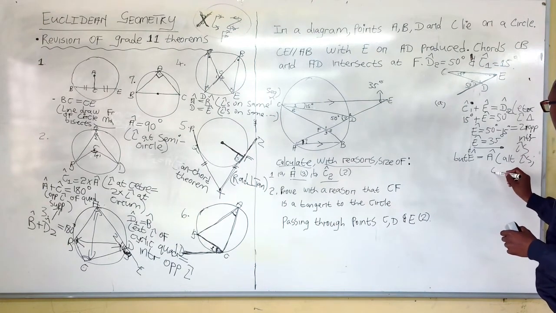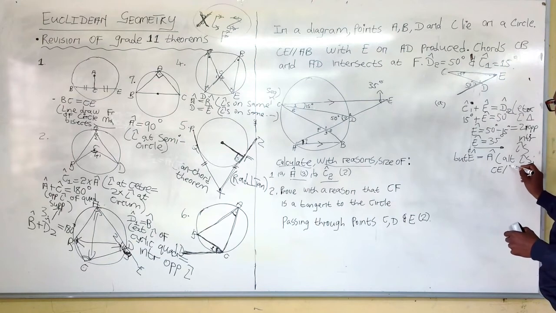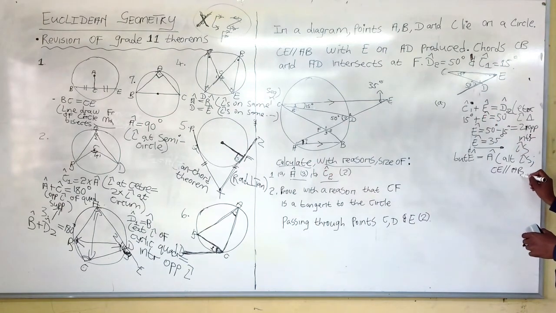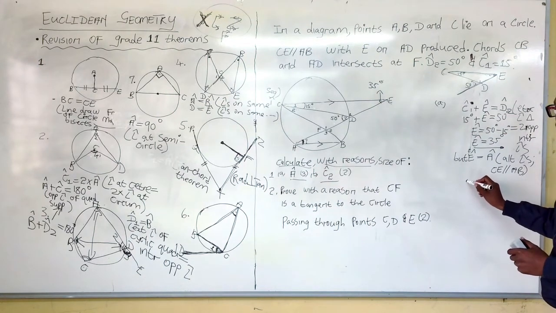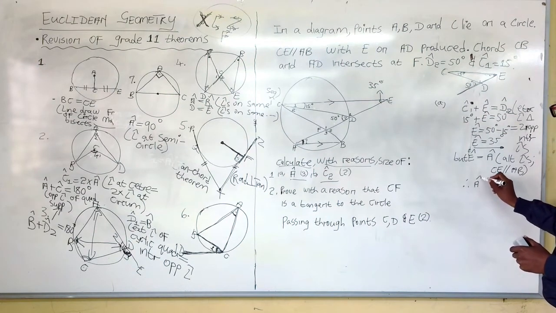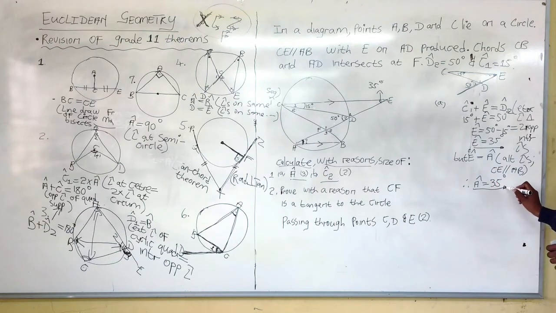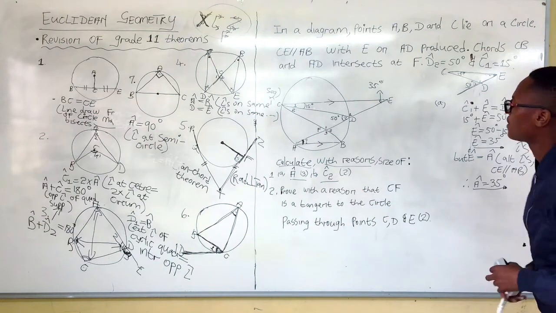Why are these alternating angles? Because CE is parallel to AB. So therefore, angle A is equal to 35 degrees. So we have answered our question for 3 marks.